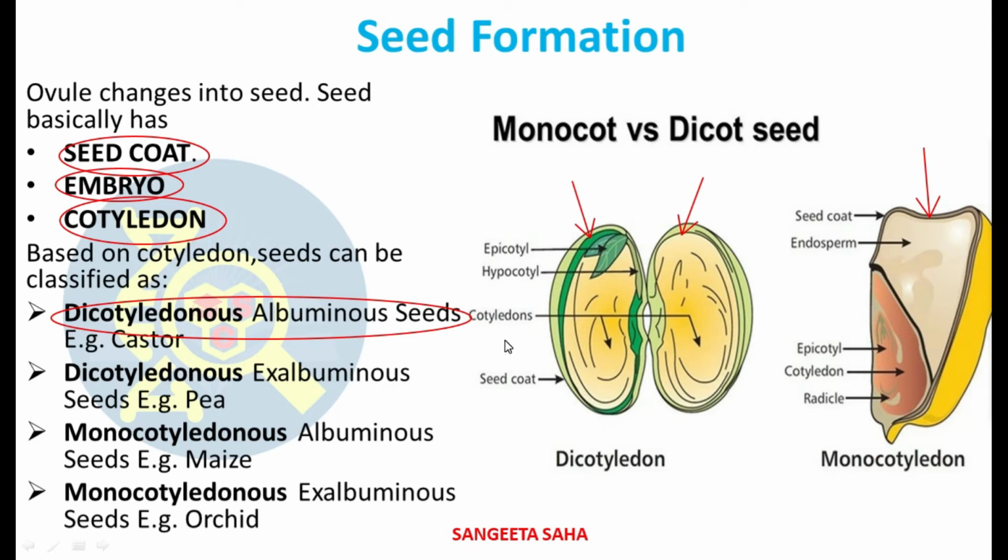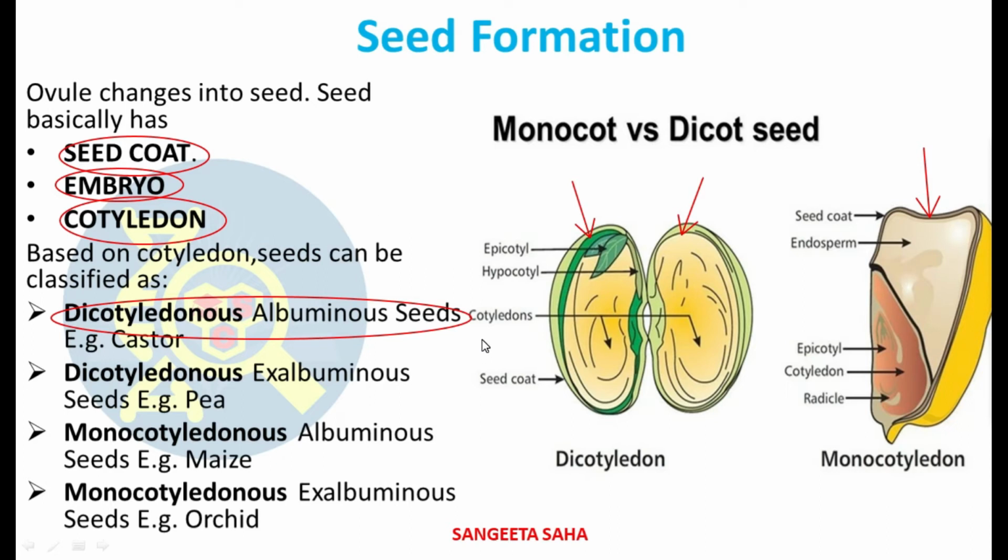dicotyledonous endospermic seeds. Okay, formation of this endosperm, which I just discussed, is as a result of triple fusion or the process of double fertilization, and this is very much unique to angiosperms.